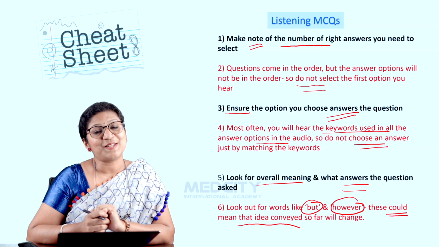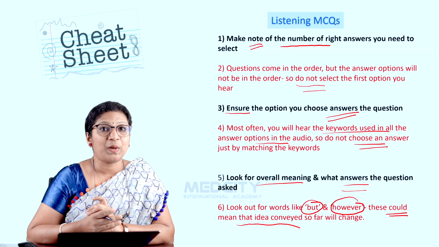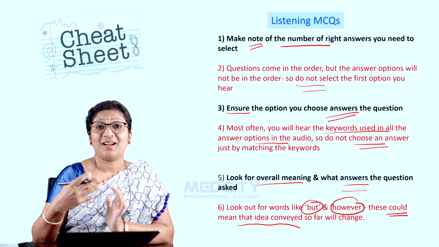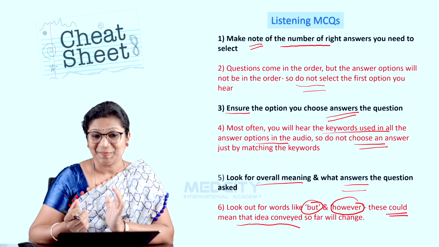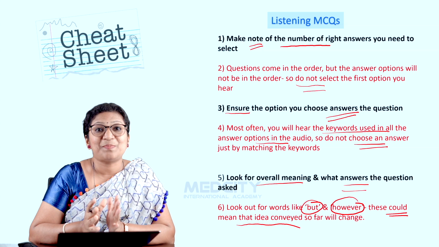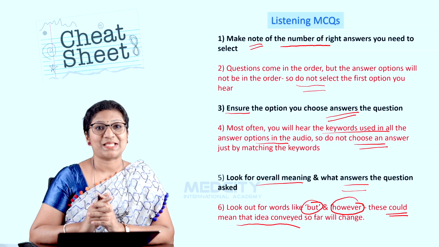So then our right answer becomes kiwi and not crow. So look out for words that convey a contradiction, but, however. Okay, so these are my top cheat sheet tips for you to keep with you while solving multiple choice questions.